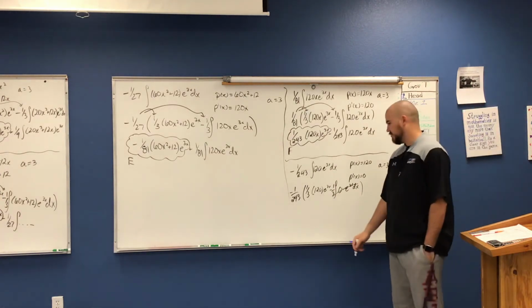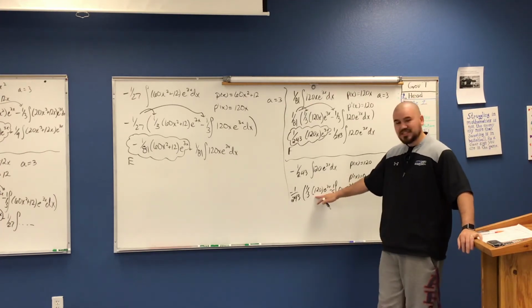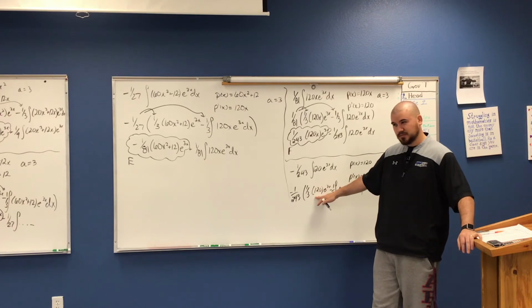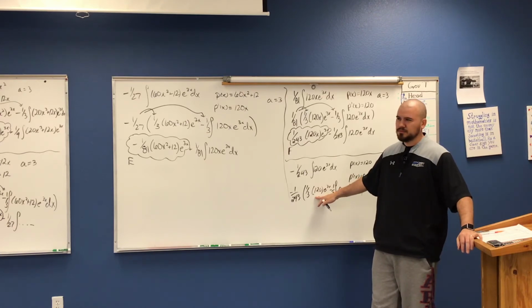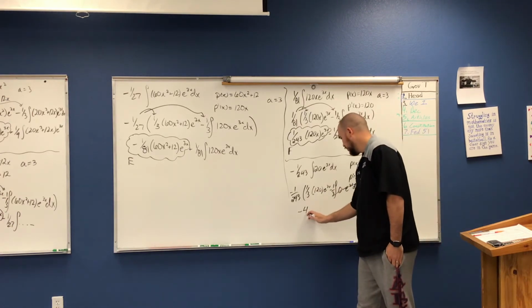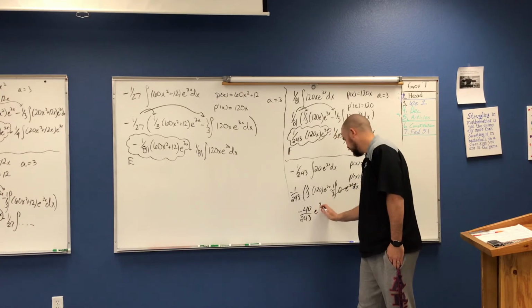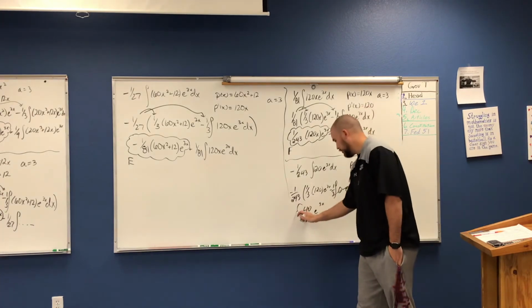So you just have 1/3 times 120 is 40? No. Yeah, 40. So that's negative 40, 240 e to the 3x. And this is your last part.